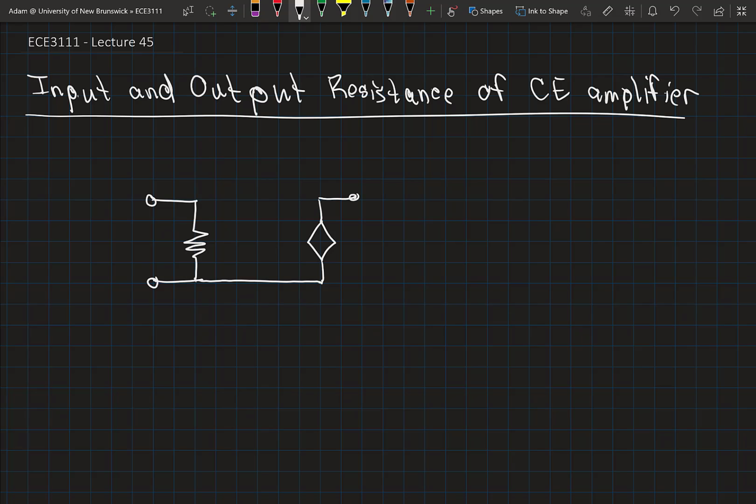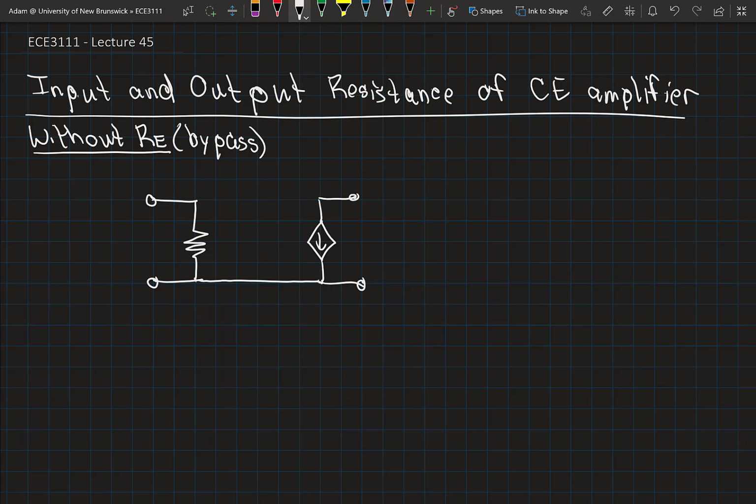To be clear, I'm going to start the analysis assuming that RE has been bypassed. So I'm just going to say without RE because it's been bypassed with a bypass capacitor.